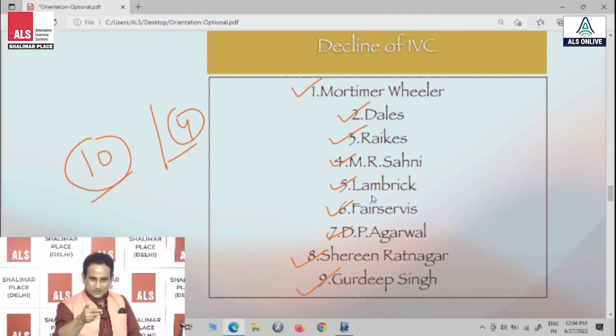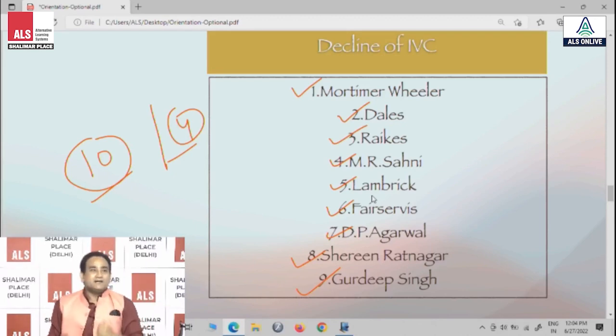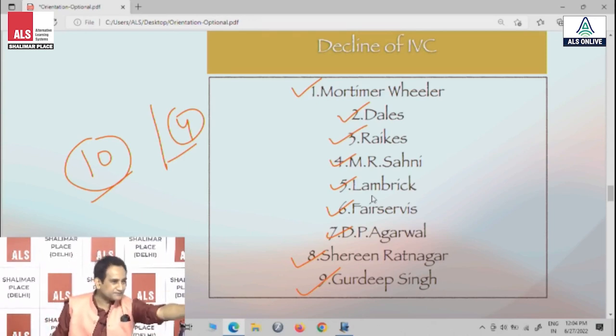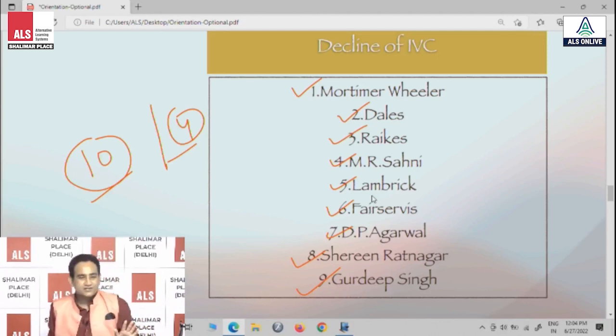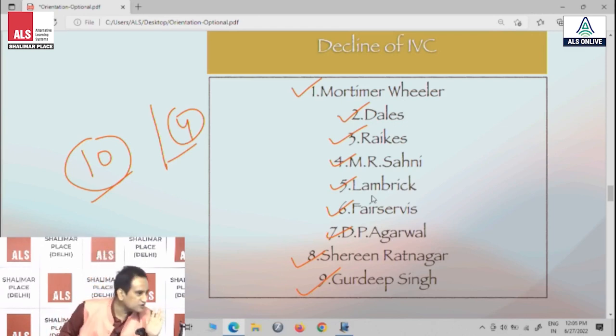Two or three analyses, two or three new views, if there are. If there are no views and there is agreement, then we will not discuss it. Suppose Plassey: general studies, same story in optional, but we will discuss the significance of Plassey according to some historians. This historian said this significance, that historian said that significance. I hope you are getting it. Historians' views, this you have to add. I hope this is okay.